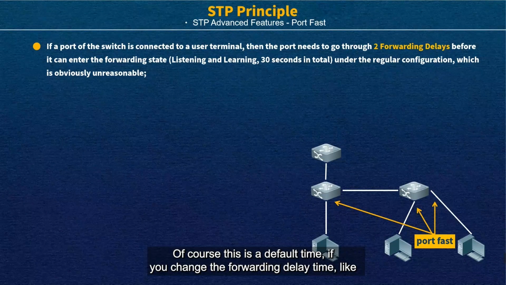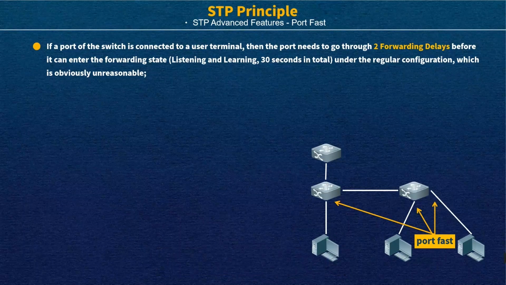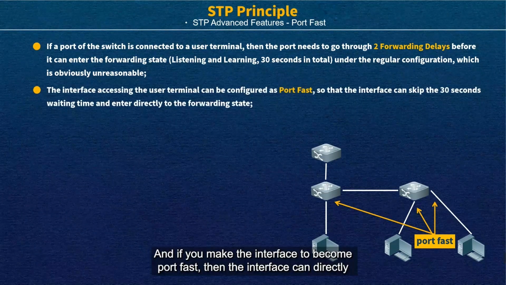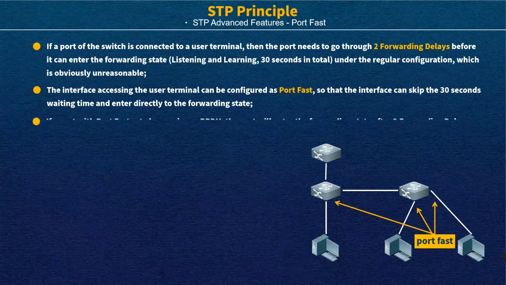If you change the forwarding delay, like in the configuration example, to become 18, you can skip 36 seconds. If you make the interface become port fast, then the interface can directly enter the forwarding status and forward the message.